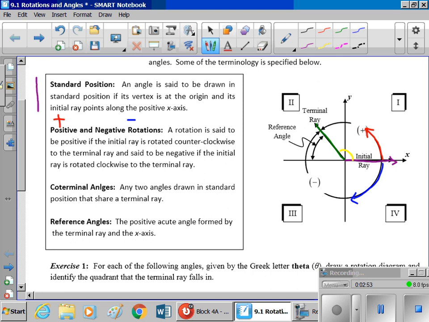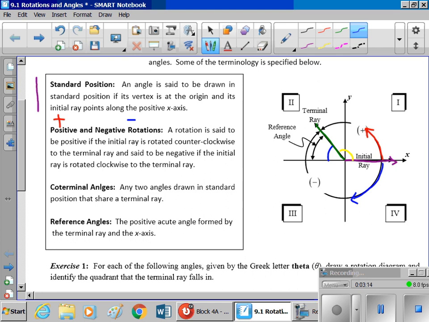All right, well, it can't be this yellow thing because that's not acute, it's obtuse. So it's going to wind up being this angle right here. Because it's acute, it's less than 90 degrees. It's positive because it's in the positive direction.